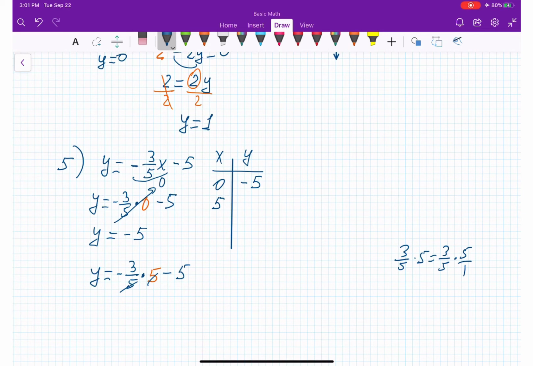Whole number. And that means numerator by numerator, denominator by denominator. And obviously we can cancel. So we get y is equal negative 3, negative 5. And that will be equal negative 8. So we get negative 8. Okay? So that's good enough. 2 points. Let's build.